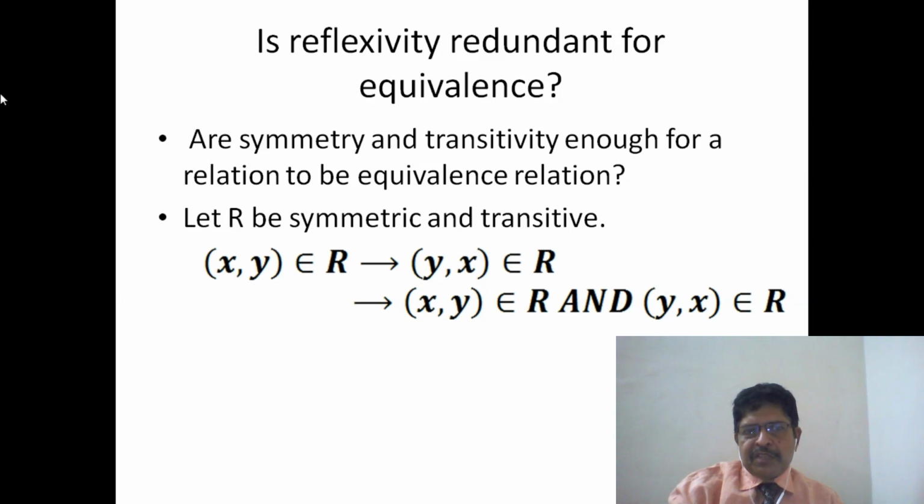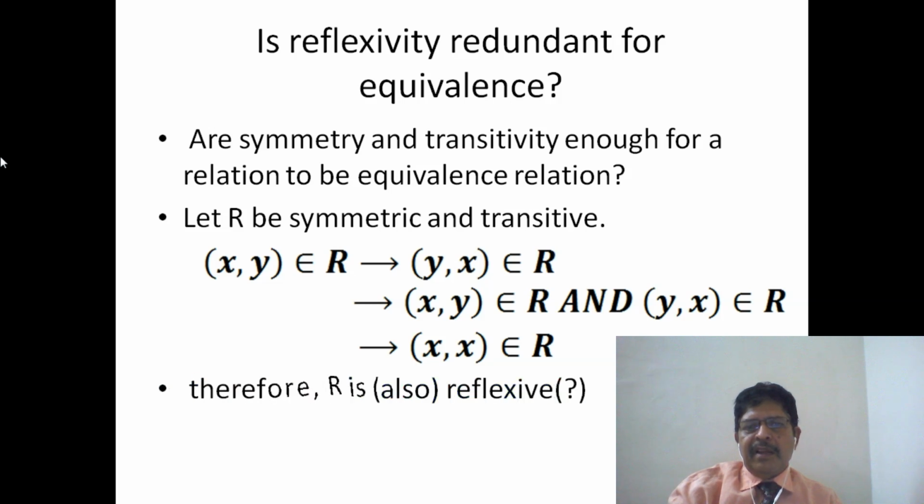So if (x, y) belongs to R, then the ordered pair (y, x) also belongs to R. That means we have these two ordered pairs belonging to R. And by using transitivity, we can conclude that (x, x) belongs to R, that is, x is related to itself.